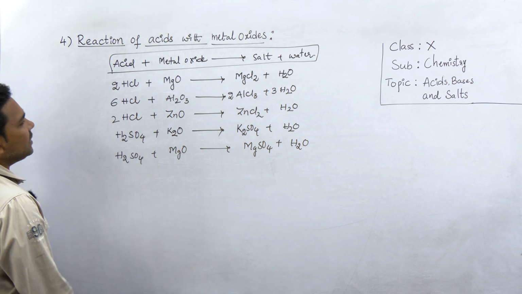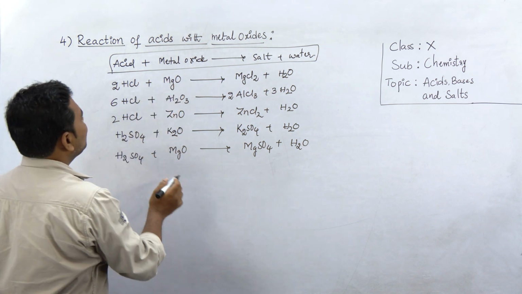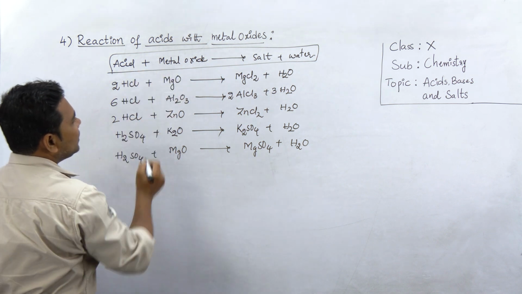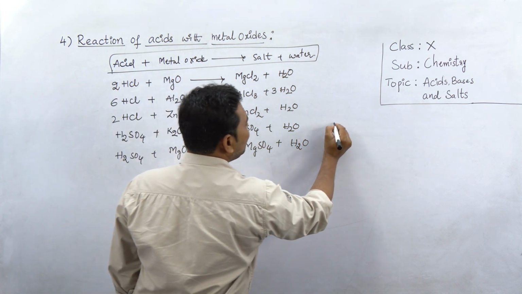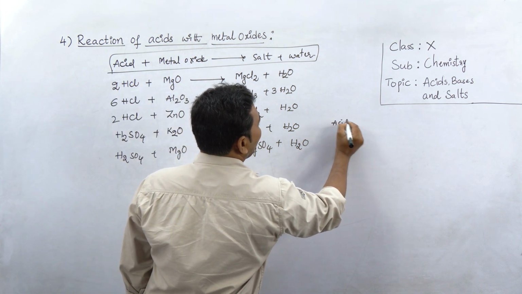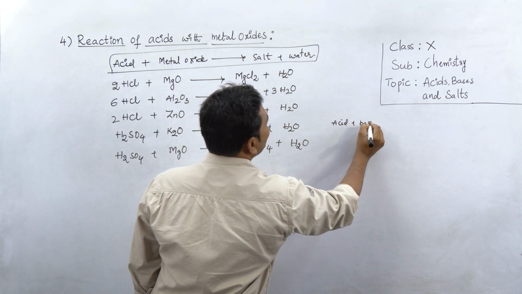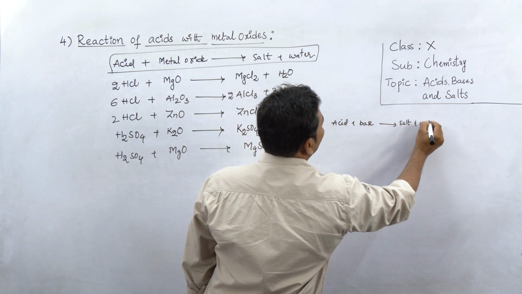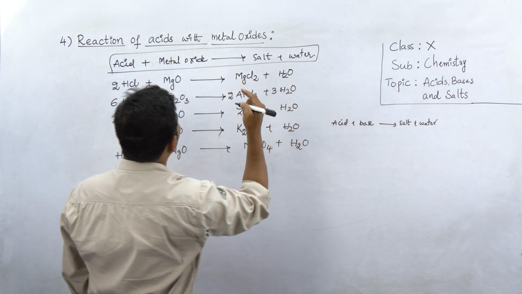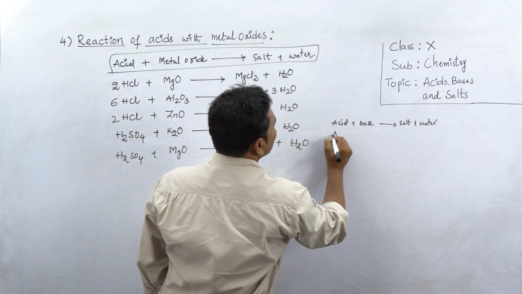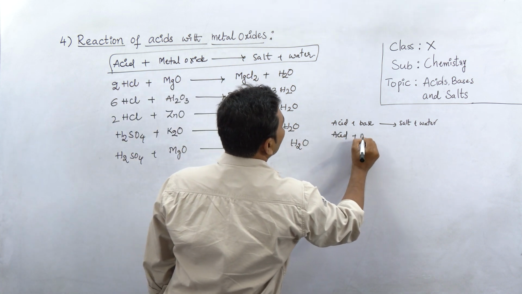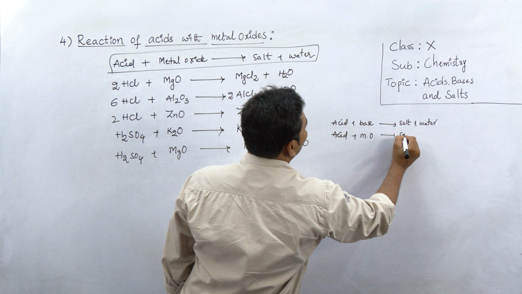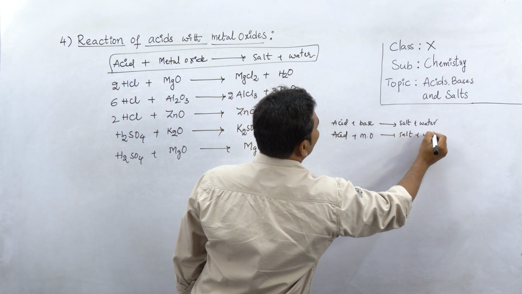Okay. And now in this chemical equation, let us compare this one with the neutralization reaction. In neutralization, what happened? Acid reacts with the base to produce salt and water. And now let us write this general equation. When acid reacts with the metal oxide, it produces salt and water.